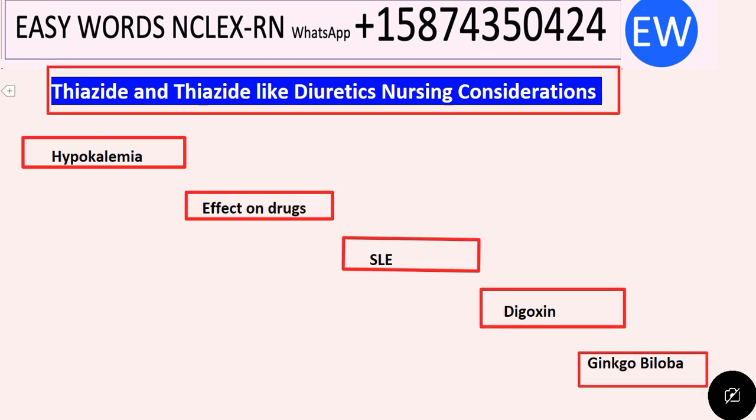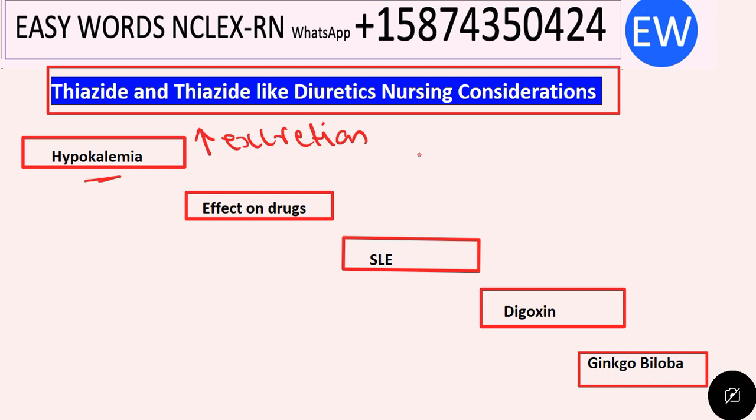Next, we will be learning about the nursing considerations for the thiazide and thiazide-like diuretics. First, we have hypokalemia. These agents increase the excretion of potassium and cause hypokalemia.